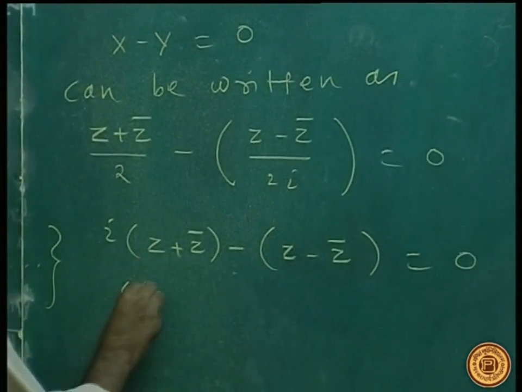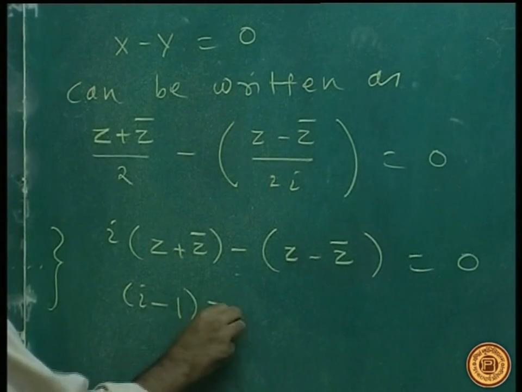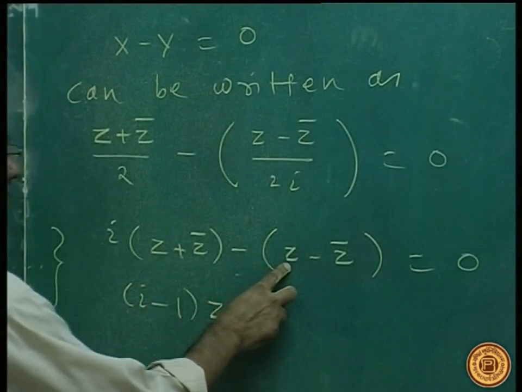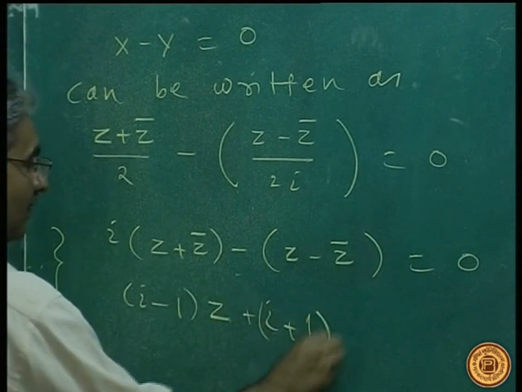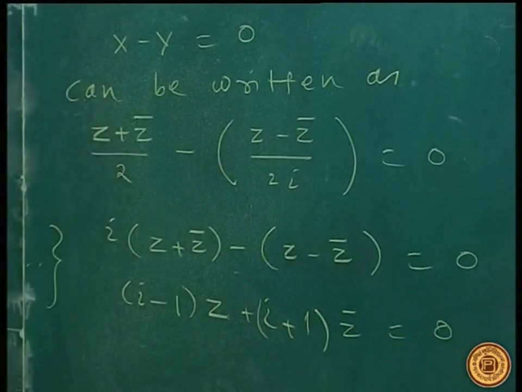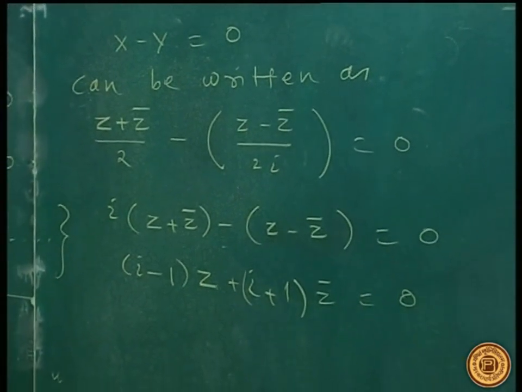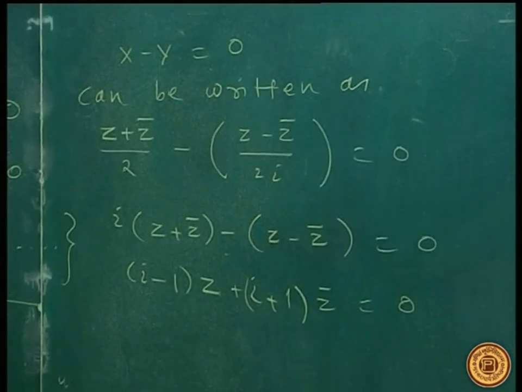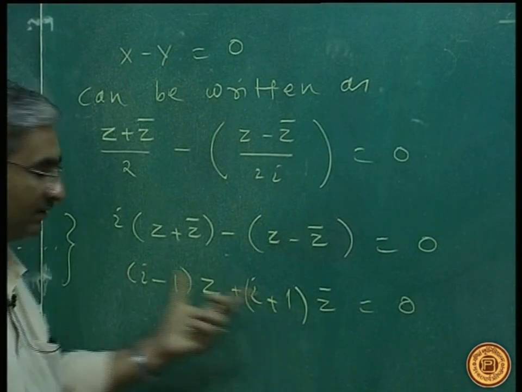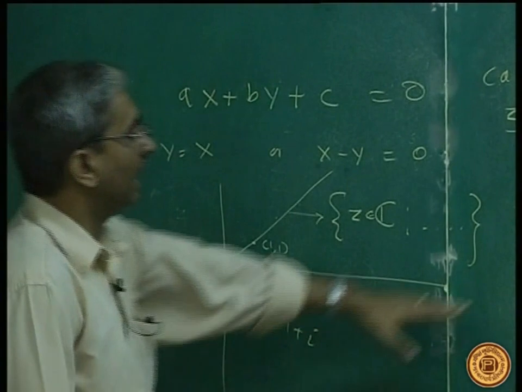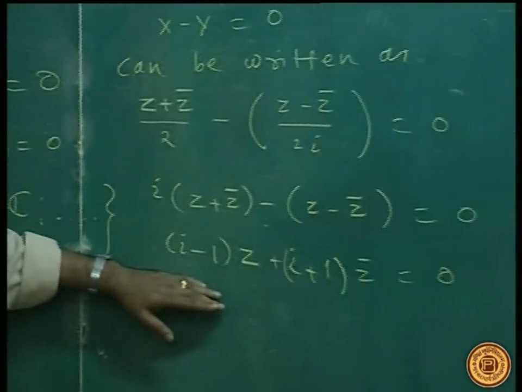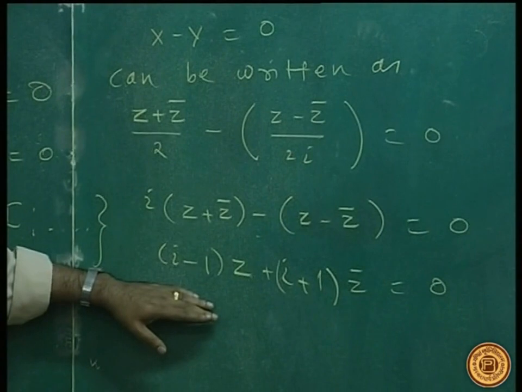It is i minus 1. (i minus 1) times z, and for z bar, it is (i plus 1) times z bar equal to 0. So this is the equation of the same straight line, passing through the origin and making an angle of 45 degrees. That is this same line, x minus y equal to 0. I have expressed it in the complex notation. Very important point.